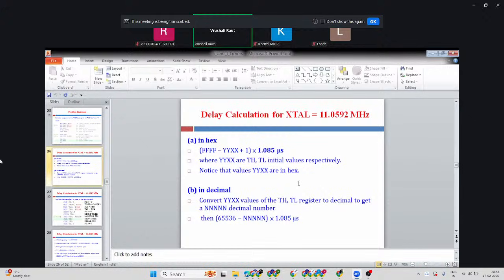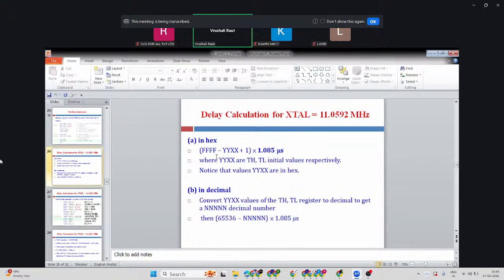What is the crystal oscillator frequency? 11.0592. How many crystal clocks equal one machine cycle? 12 clocks. That's why 11.0592 divided by 12 gives us one frequency, and 1 by that frequency gives us the time, and this is that time.